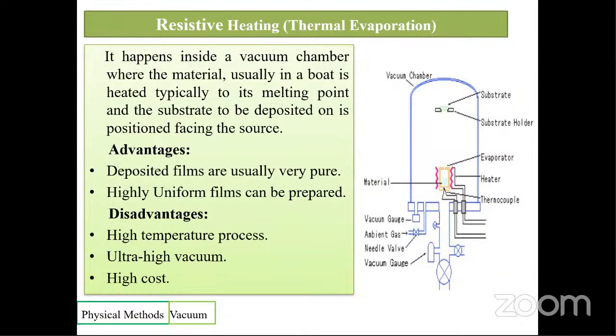The disadvantage is this is a very high temperature process, so sometimes the molecules are broken and the composition may change. That is a basic problem, and you need an ultra high vacuum, and the cost of the system is high. So these are the disadvantages.